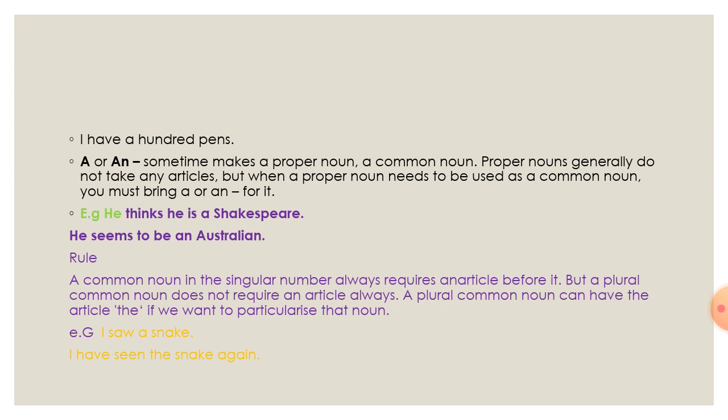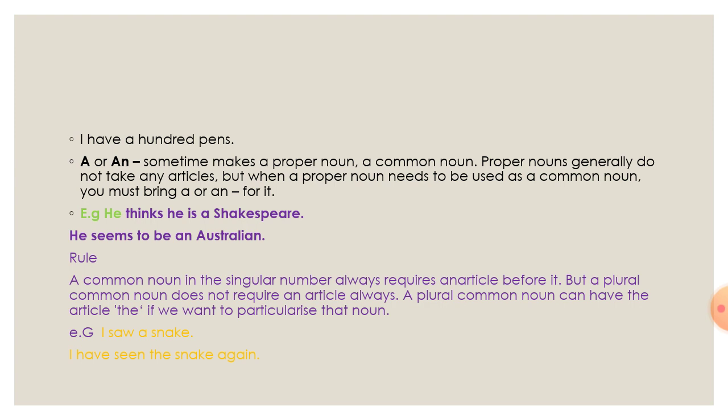Here, Shakespeare doesn't refer to the actual person but someone like him. Second example is: he seems to be an Australian. Here, Australia is a proper noun, but Australian is a common noun, because there is only one Australia, but a million Australians.